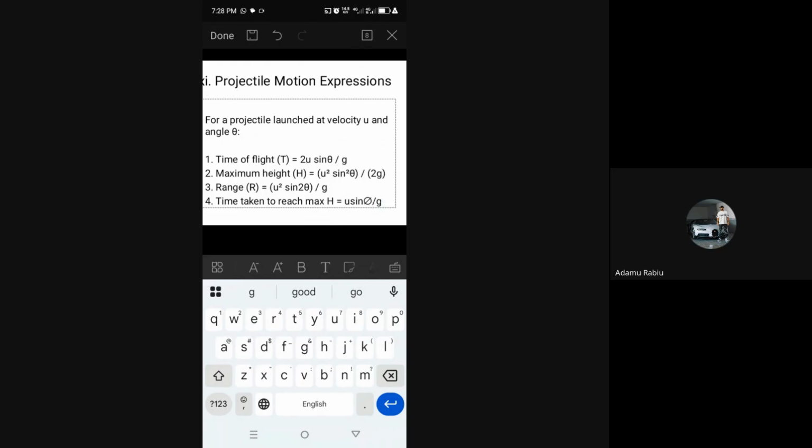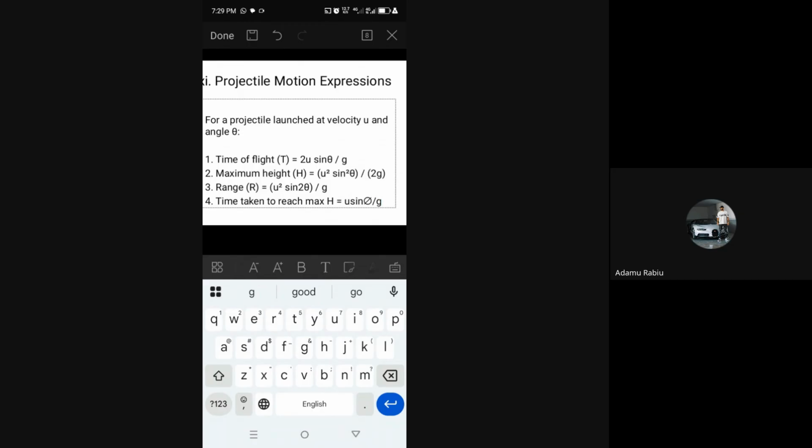But if it's just the time it takes for the object to reach maximum height, you don't need to multiply by 2. Please don't forget that. Time taken to reach maximum height is u sine theta over g. But if it is time to reach maximum height and return to the ground, that is what we call time of flight. The total time of flight is 2u sine theta over g.